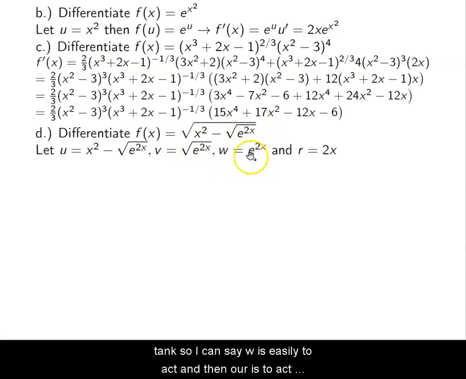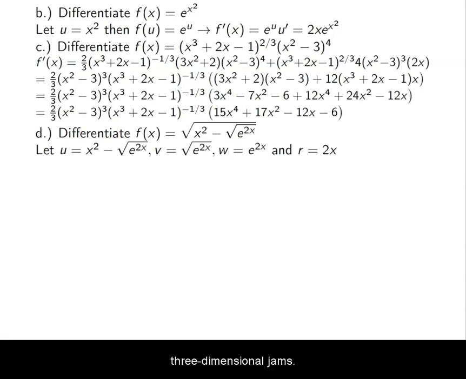Okay, so I can say w is e to the 2x, and then r is 2x. So I had to go u, v, w, and then I chose r because we don't use x, obviously. Y and z, we can choose, but we typically use y and z for other things, right, such as three-dimensional geometry. Okay, so I used u, v, w. I said, hey, let's go with r.